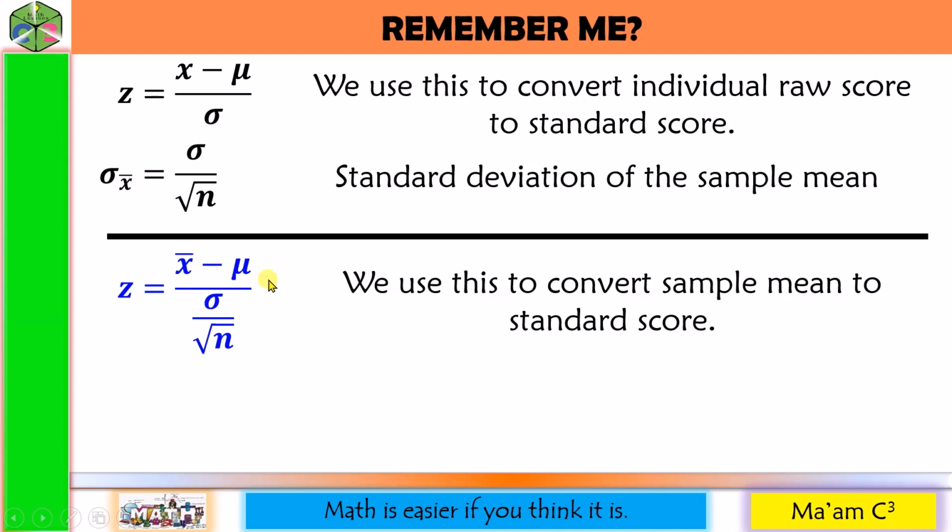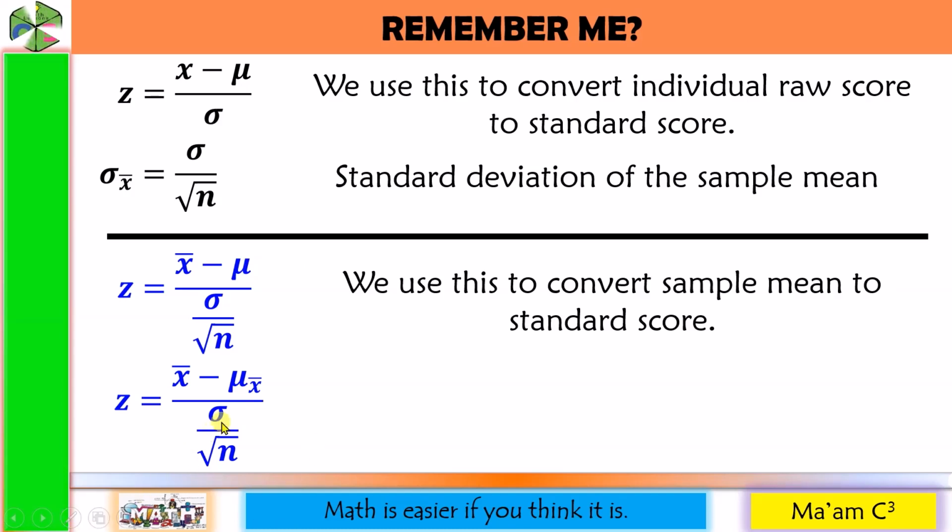Now, sometimes the population mean is unavailable. So, instead, we may use the mean of the sampling distribution of the sample means because we have proven last time that the mean of the sampling distribution of the sample means is equal to the population mean.